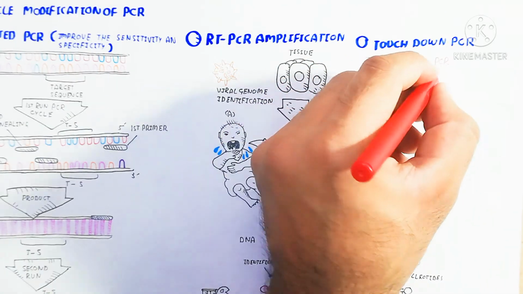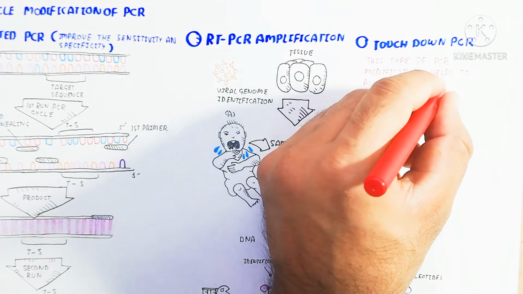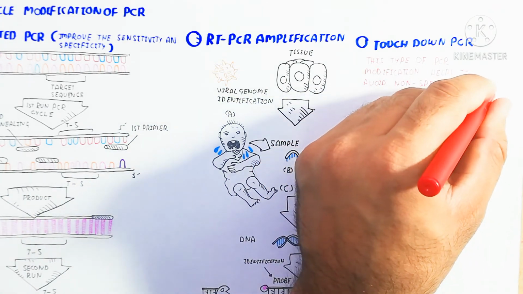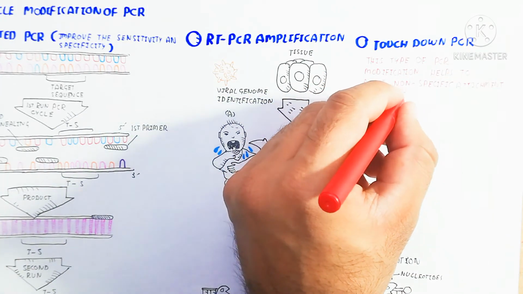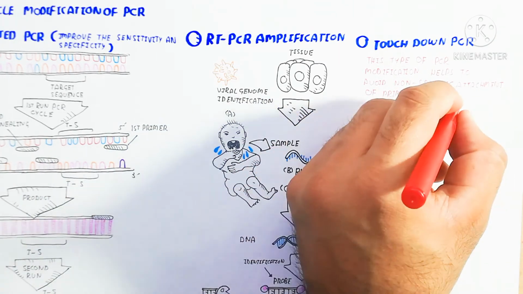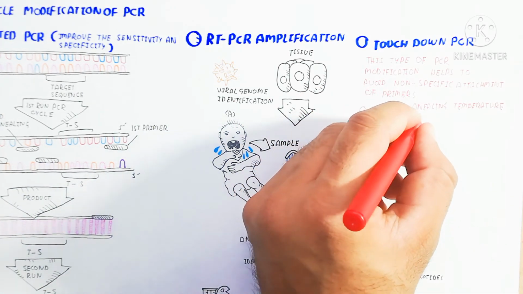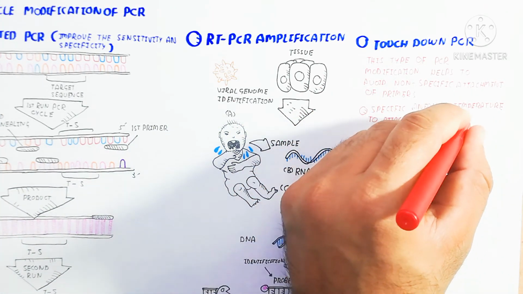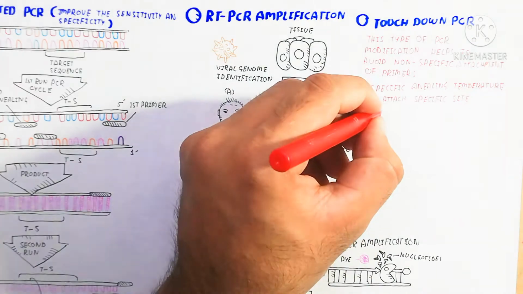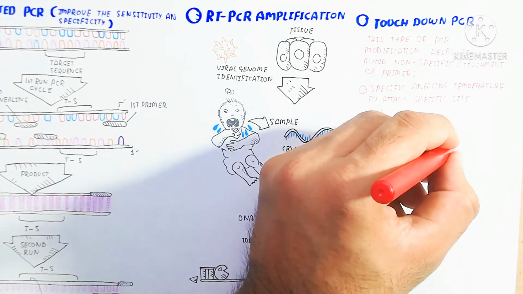which helps to avoid non-specific attachment of primer. It means that a non-specific primer, for example, is added, and that primer is not needed, so that we cannot see that primer. So the specific annealing temperature is used to attach to the specific site. For example, a specific temperature is required for the attachment of the specific nucleotide.